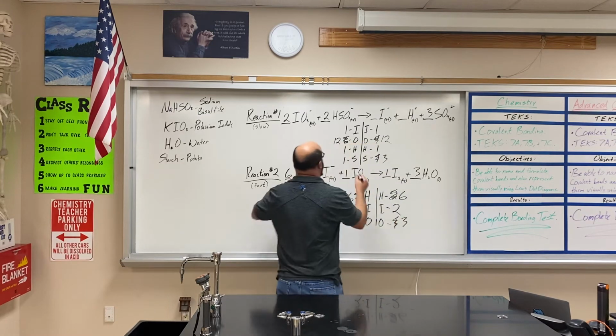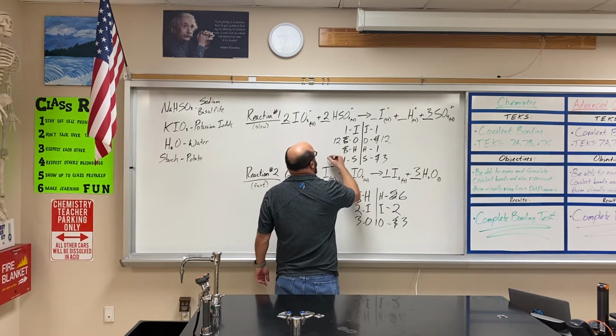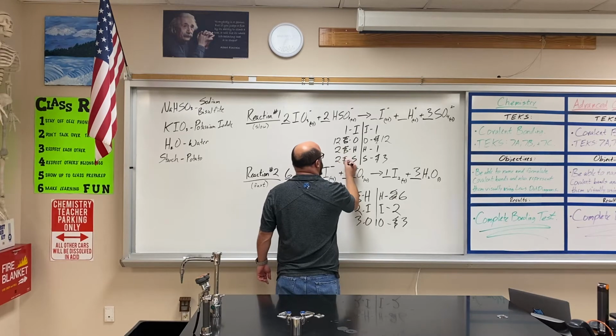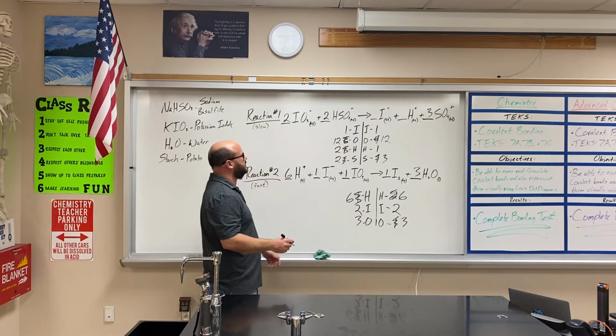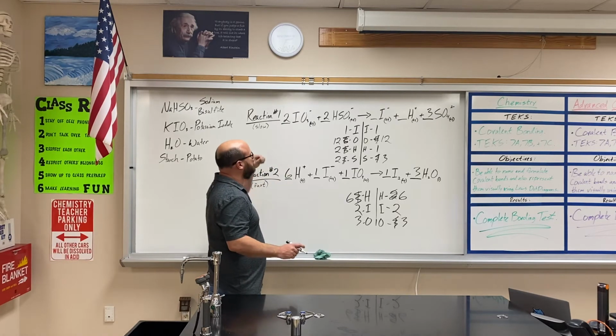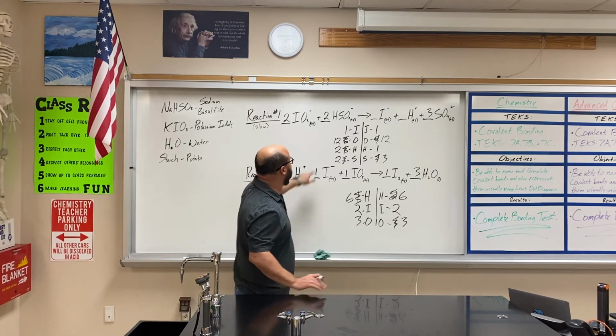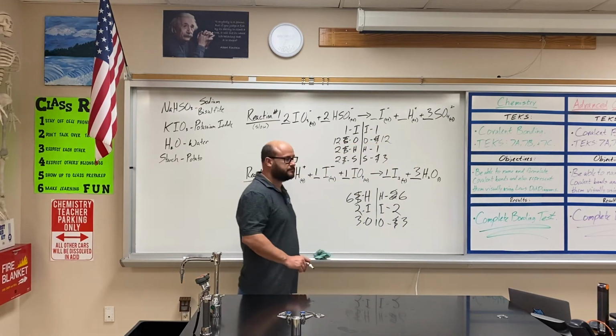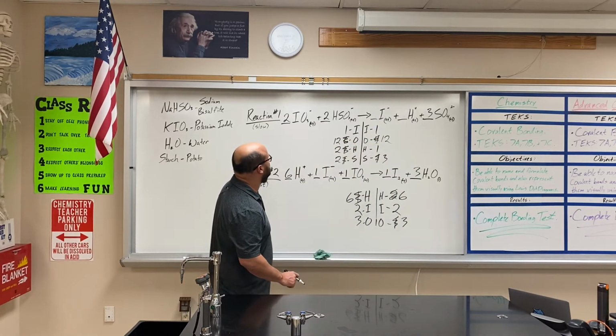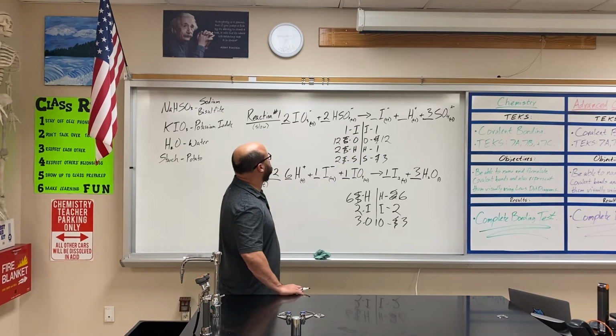And over here, sulfur is a 2. There are no more sulfurs to get extra from this side. So what that tells me is this coefficient and this coefficient have to be the same. So that's not going to work. Let's keep going up.